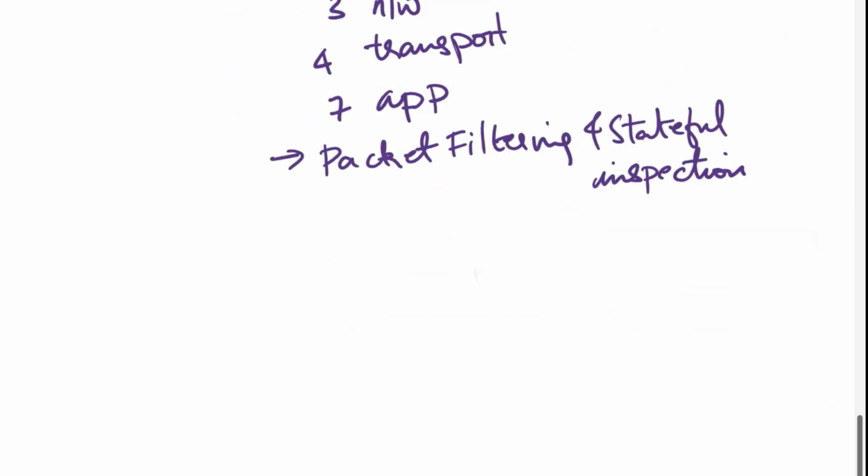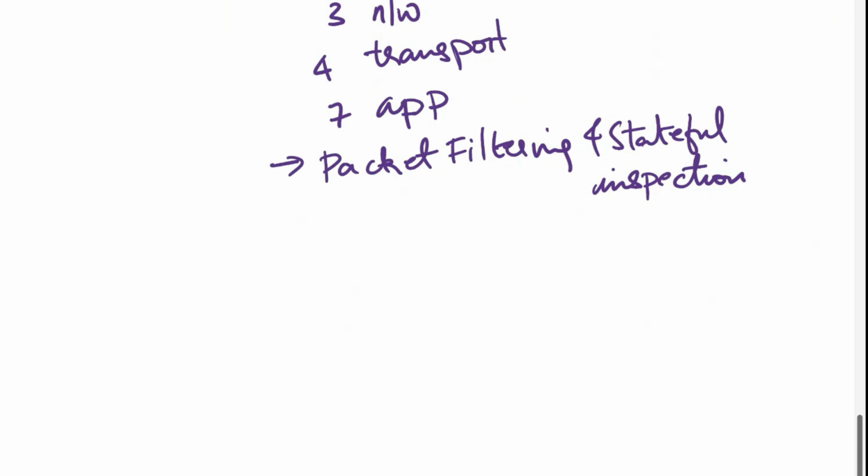Like traditional firewalls, next generation firewalls perform packet filtering and stateful inspection to analyze and control network traffic based on source and destination IP addresses, port numbers, and protocols. This basic level of security helps prevent unauthorized access and basic network level attacks.